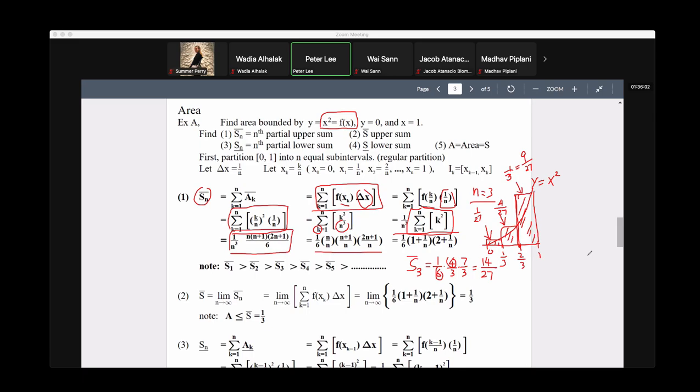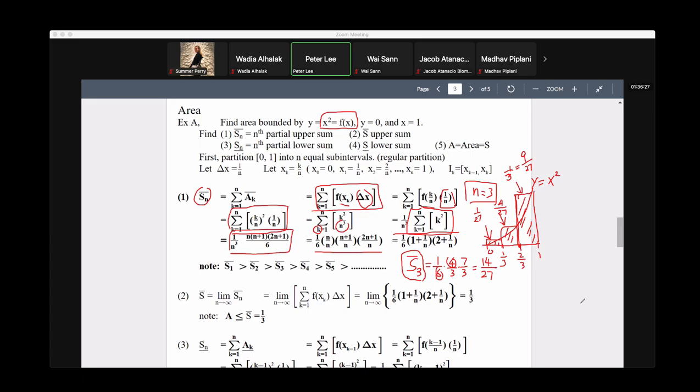That's 1 over 27 plus 4 over 27 plus 9 over 27, and that will be 14 over 27. We got the 14 over 27 right here, the sum of all three rectangles with the partition into 3 intervals, and that is what we call the third partial upper sum. Does everybody understand what the third partial upper sum means?